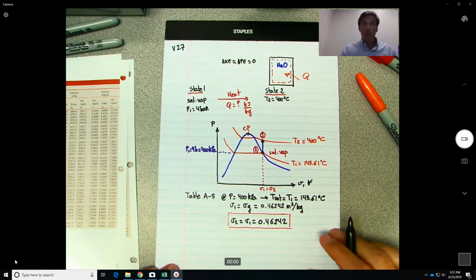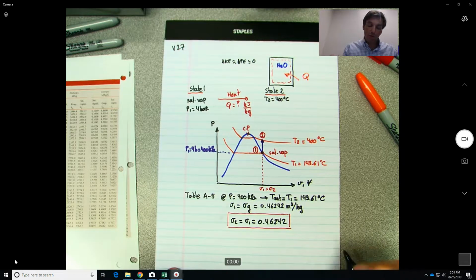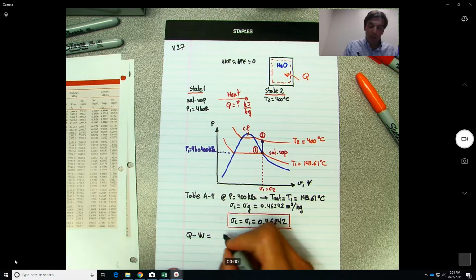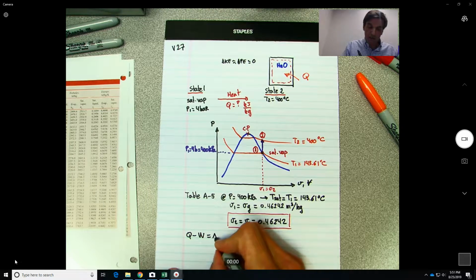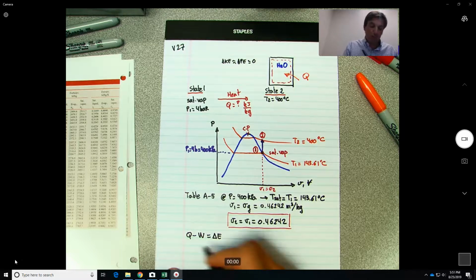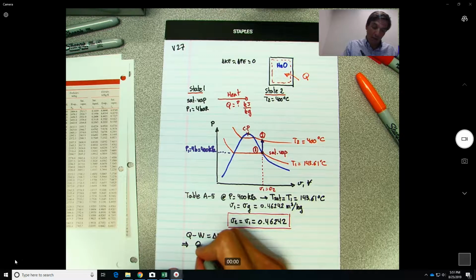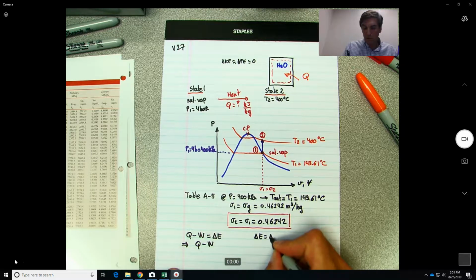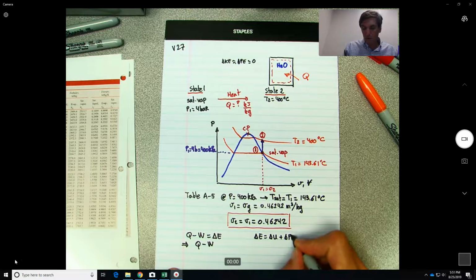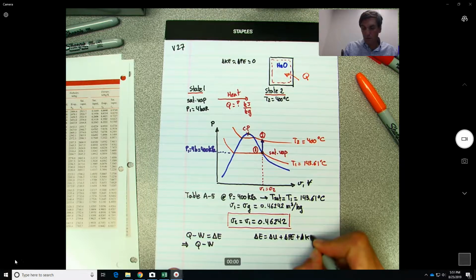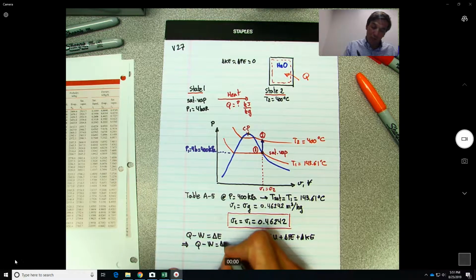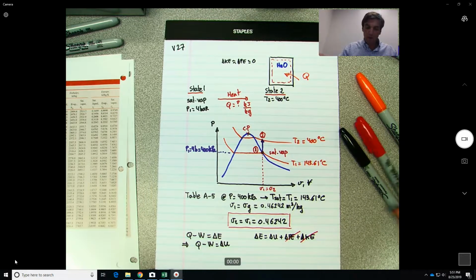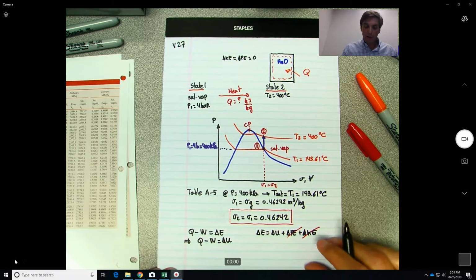Next thing we need to do is, what is the main equation that we know? It is the first law of thermodynamics, which is Q minus work equal change in energy. If we neglect kinetic and potential energy, that means that Q minus work will just be equal to the change in internal energy. Okay, and what else do we know?